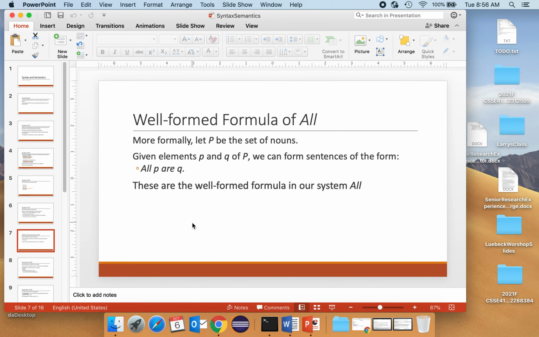A term that we need to know about is a well-formed formula. The well-formed formulae of All are given by P, the set of nouns, and then a recipe for forming sentences. Given elements P and Q of P, we can form a sentence of the form all P are Q. And these are all the well-formed formulae in our system.